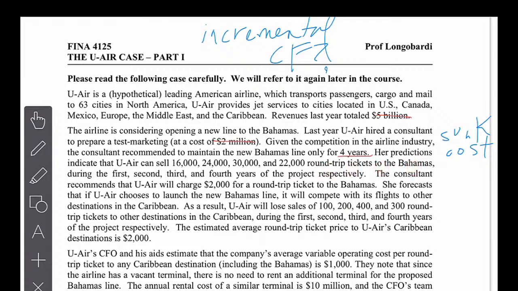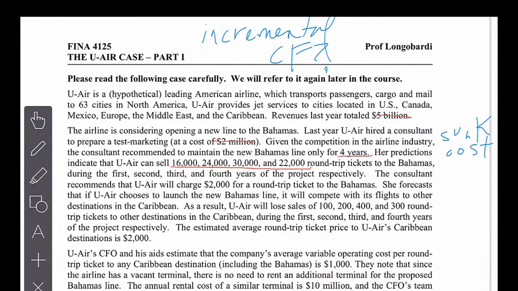Okay, what would we call these? We need a little bit more information because these are the ticket sales that will result during the first, second, third, fourth years.